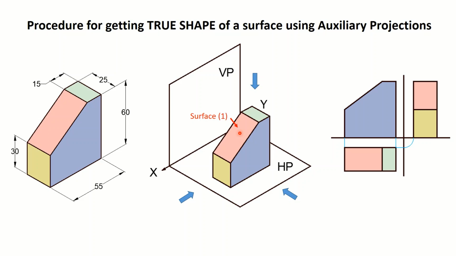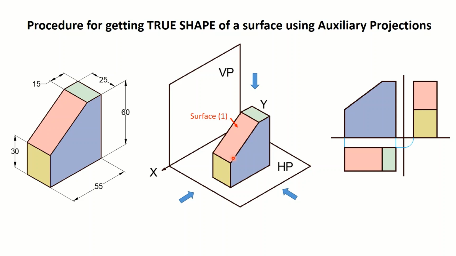So the problem is that we don't have the true shape of this surface in any of the three standard views. Now the auxiliary projections can be used to find the true shape of such surfaces which do not appear in their true shapes in any of the standard views.